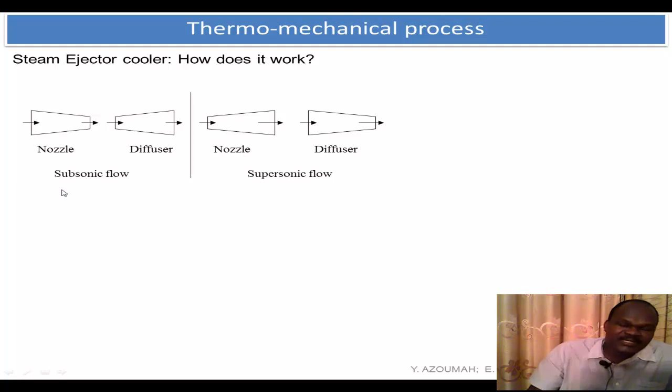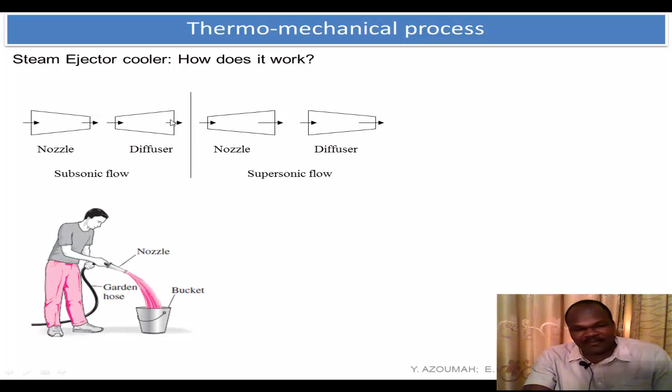A nozzle is a device that is used to accelerate a fluid. You know, speed and pressure are linked together. When one goes up, the other goes down. So while you are accelerating the fluid in the nozzle, at the same time you are reducing the pressure. The diffuser does the contrary. You are rather increasing the pressure, thus reducing the velocity.